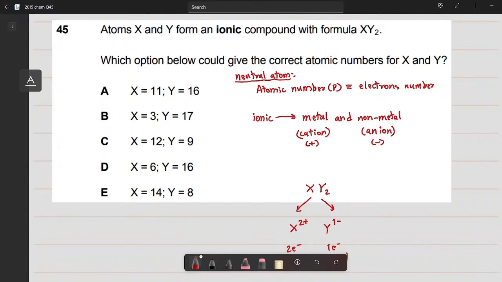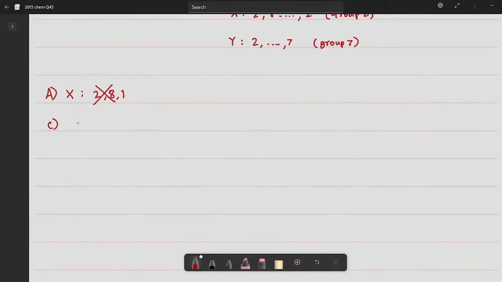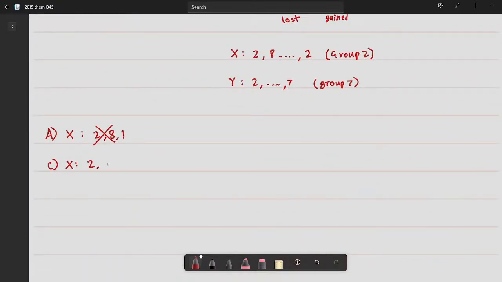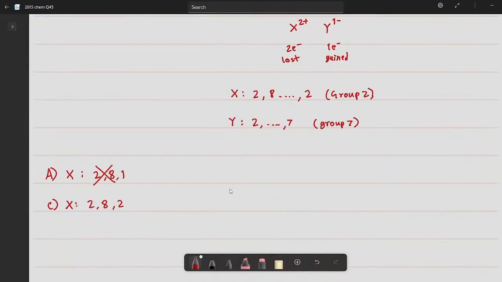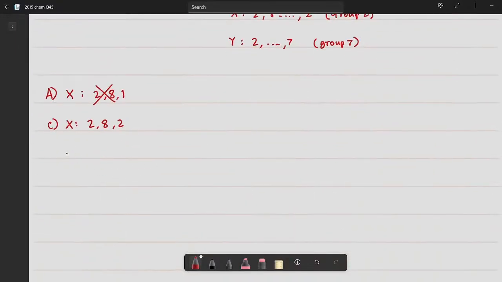And for option C, if you construct the electronic configuration for X, since they mentioned 12, it's 2, 8, and then 2. The last number of electrons must be 2. 2 plus 8 is 10, and then plus 2 gives 12. So this seems to be correct. Now let's do it for Y. It's 9, so the electronic configuration must be 2, 7.